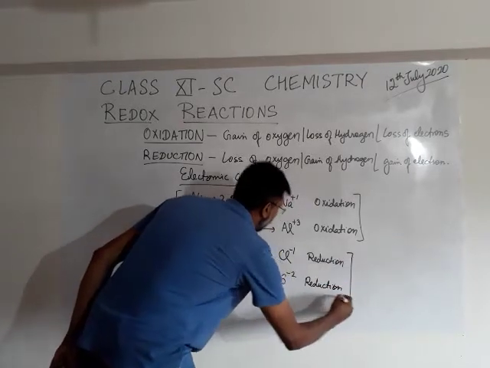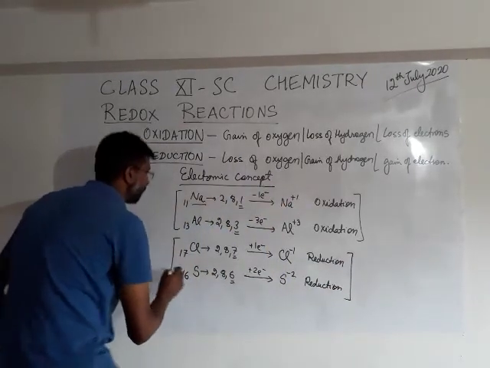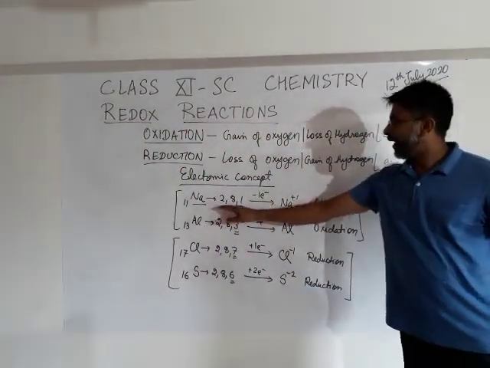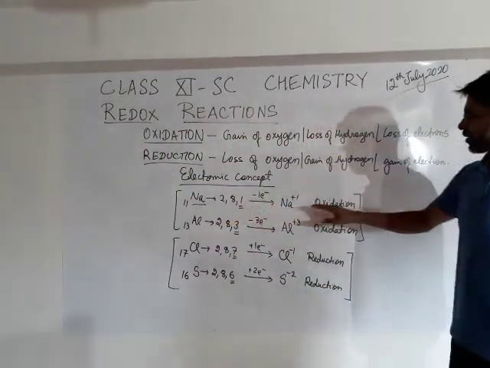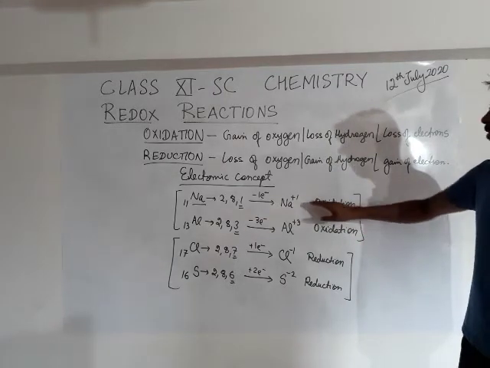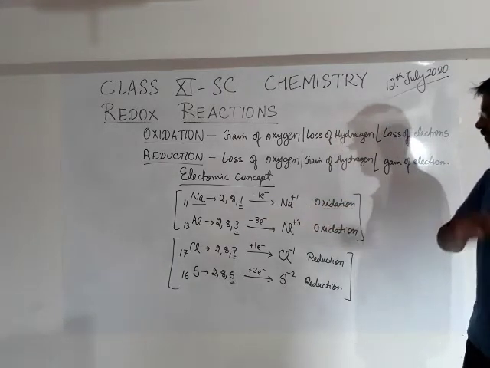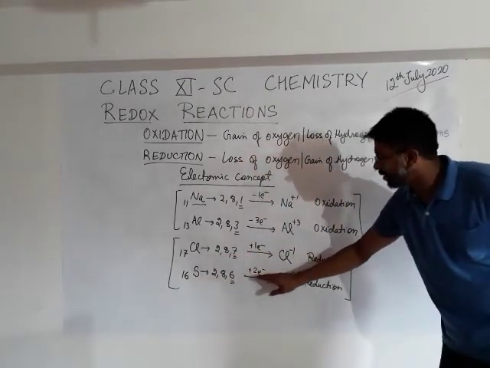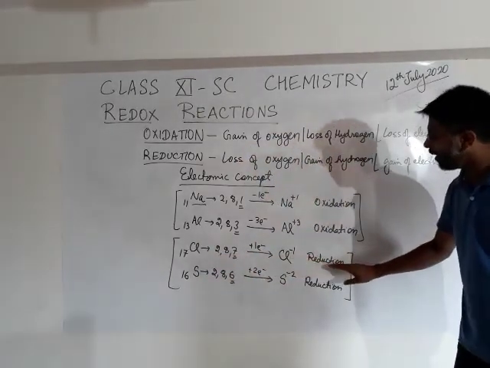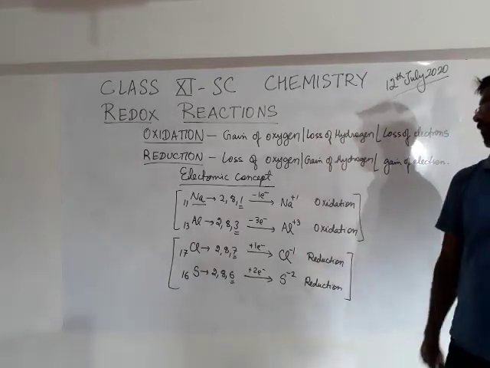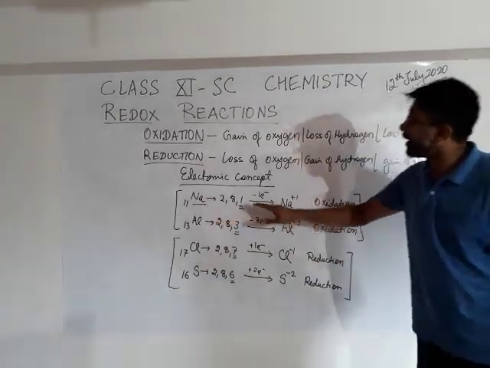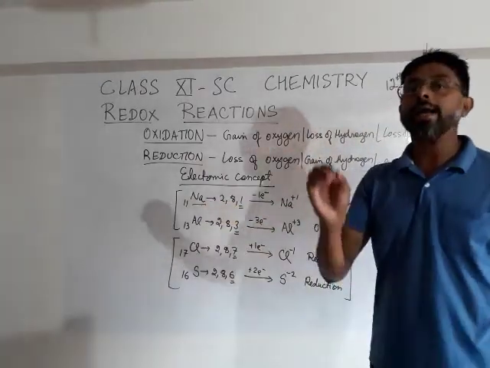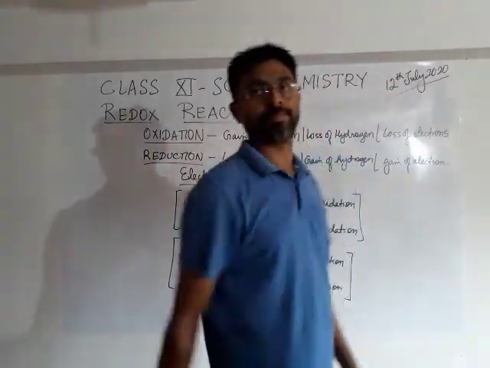Now, watch very carefully. Metals lose electrons and become oxidized. Non-metals gain electrons and get reduced. Metals, since they lose electrons, are reducing agents.